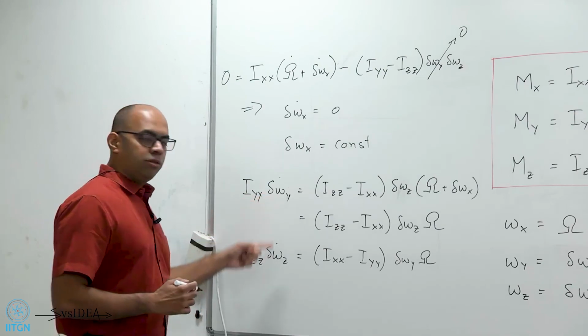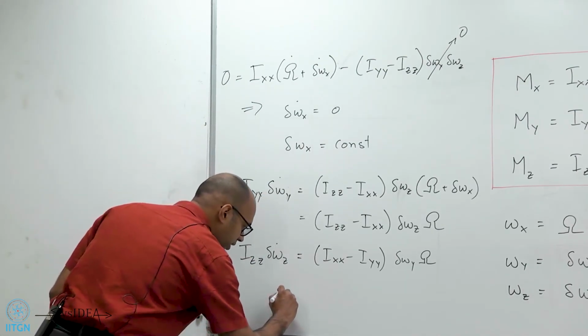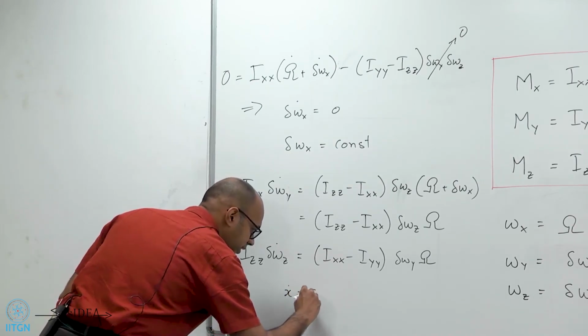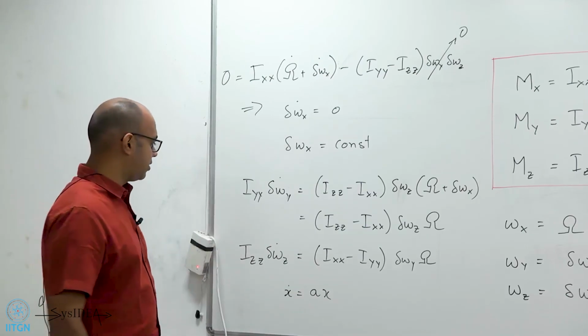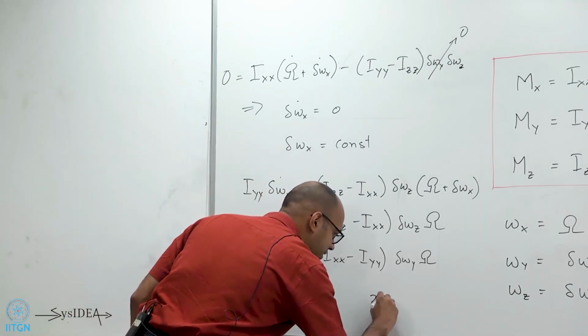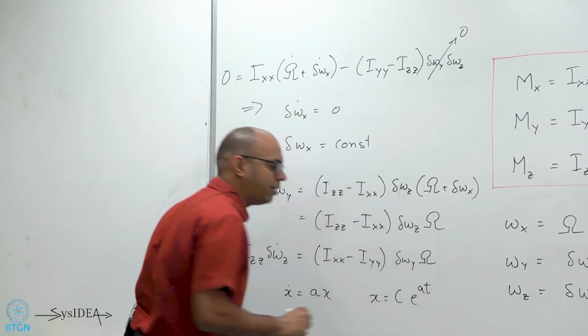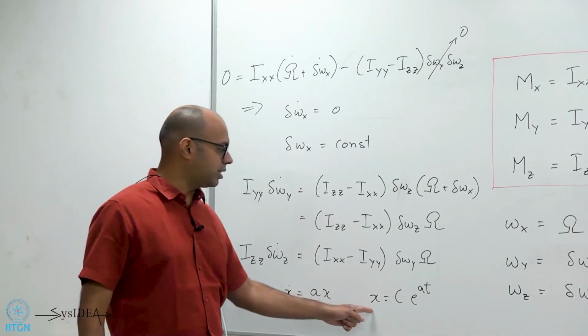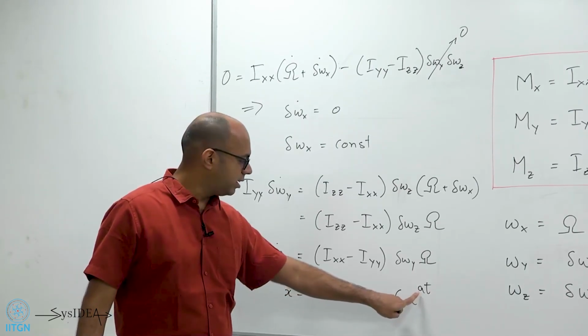So these are two coupled first order differential equations, and you know that when you have a first order differential equation, let's take something as simple as this form, then the solution looks like x is equal to some constant c e to the power at, and whether the solution remains bounded or not will depend on the exponent.